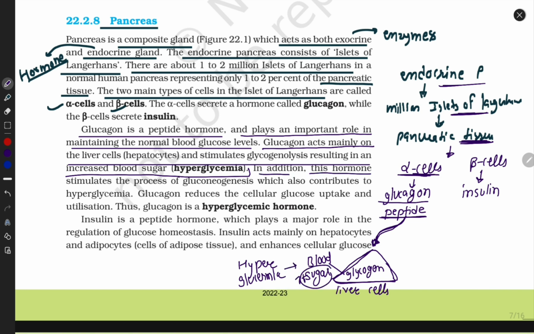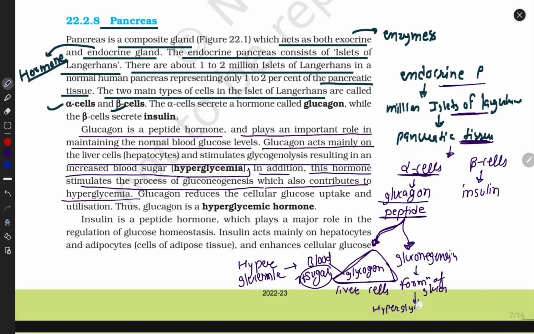In addition, this hormone stimulates the process of gluconeogenesis, which also contributes to hyperglycemia. Gluconeogenesis means formation of glucose. This phenomenon is also called hyperglycemia. Glucagon reduces the cellular glucose uptake and utilization.